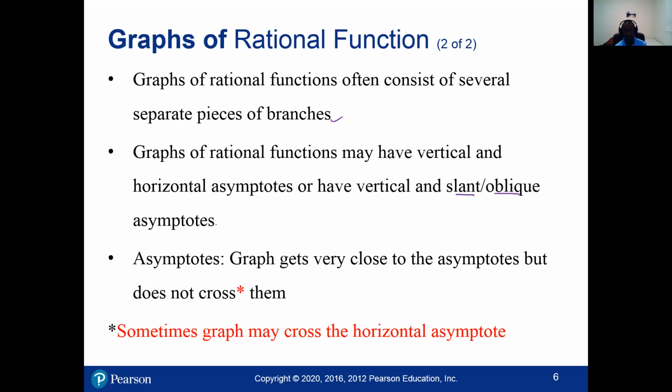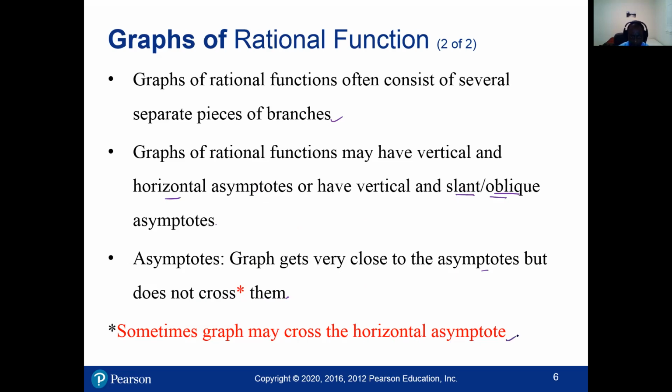Okay, there is no rational function whose graph has both horizontal and oblique. So it's either or. The graph gets very close to the asymptotes but does not cross them, generally speaking. However, sometimes the graph may cross the horizontal asymptote.